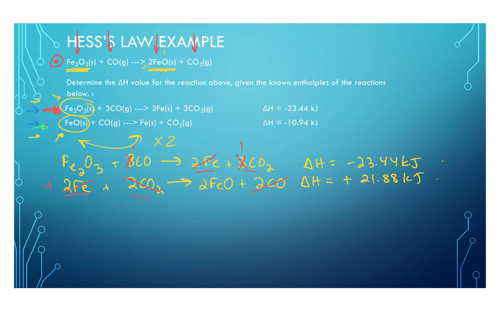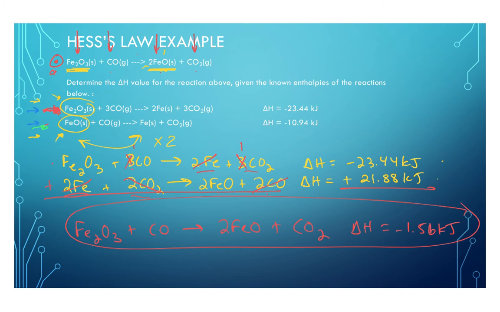So if I take what I've got left, I've got Fe2O3 plus CO goes to 2FeO plus CO2, which is exactly my target reaction. The last thing I need to do then is, because in order to do that elimination I was adding those equations together, I just need to add these together, which will give me an overall delta H of negative 1.56 kilojoules.